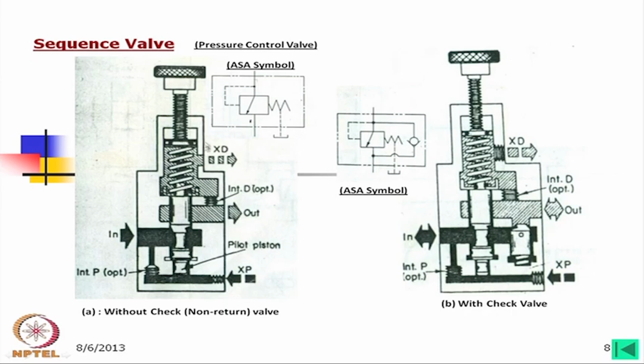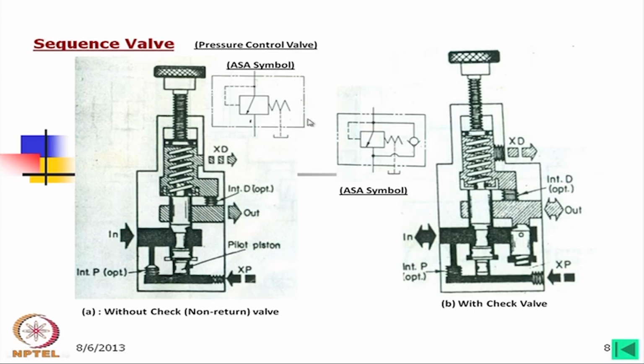Depending on the set pressure, this will allow a limited amount of flow, but if the flow wants to come from this side, it will always remain closed. So, this valve, after controlling the pressure, is allowing some flow. The actual purpose of this valve is not discussed here. We will show that by using this valve, which is some sort of pressure relief valve, we can conduct different operations.